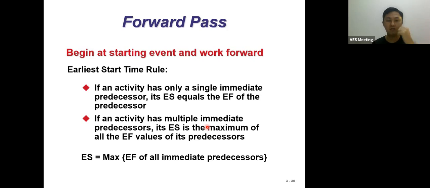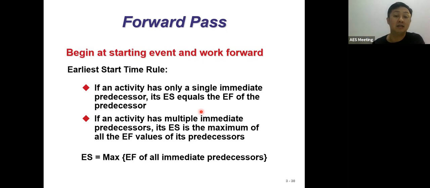So we have activity A, B, C, D, moving forward. When an activity has a single predecessor, the ES equals the preceding EF. Very straightforward. I will show you by example later.